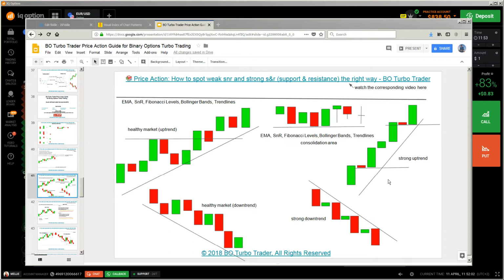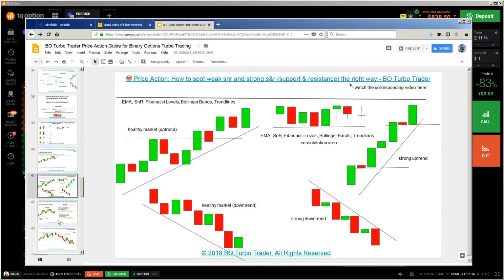The continuation trading setups you trade almost in a strong downtrend or strong uptrend. In the consolidation area you do not trade any of those trading setups. I would not recommend anybody to trade in this kind of market. Only if the market is going to break out of the support and resistance area can you trade in the direction of the upcoming trend.